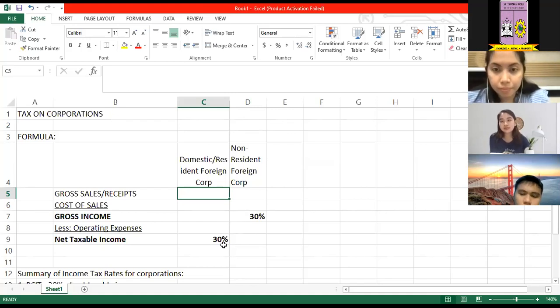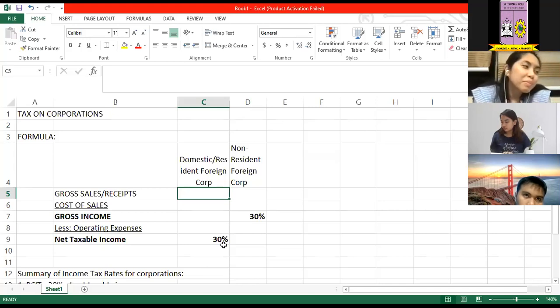So sa madaling salita, when you say gross sales or receipts, mao na imong halin, okay, sa imuhang negosyo or sa imong services. That is the amount you actually earned in engaging in business or in the practice of profession, okay? Like for example, meron kang benta na worth 100,000 in a day.